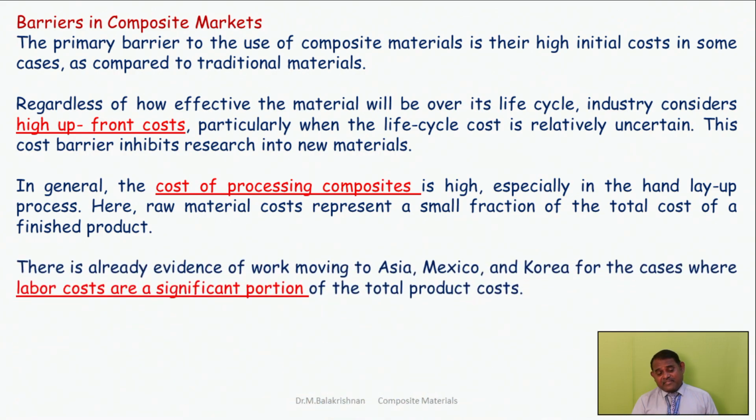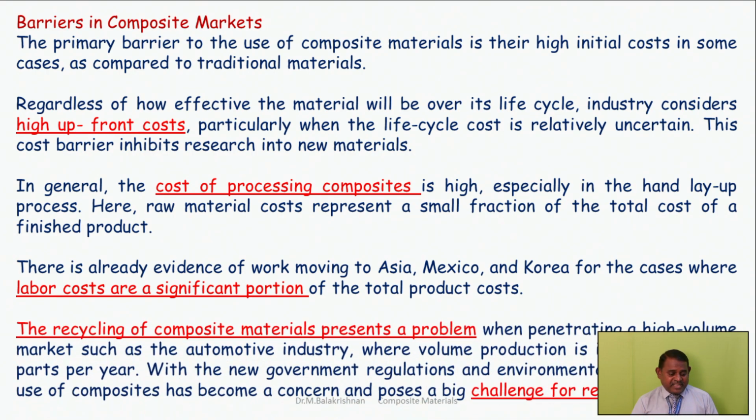There is already evidence of work moving to Asia, Mexico and Korea in cases where labor costs are a significant portion of the total product cost. So, because of the labor-intensive nature of composite manufacturing, the manpower and its cost should also be considered when we choose a composite material as a candidate material for automobile applications.